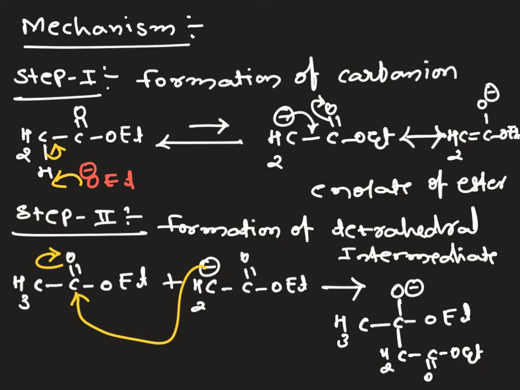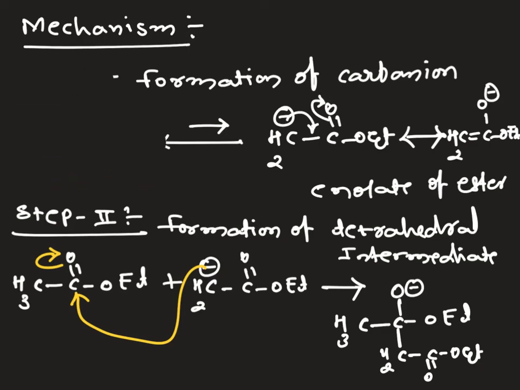We call it a tetrahedral carbon. That's why we have written formation of tetrahedral intermediate. After forming the tetrahedral intermediate, the leaving group will leave from the system and form ethyl acetoacetate. So I am erasing the first step to write the third step.